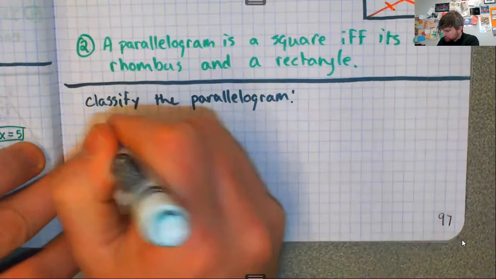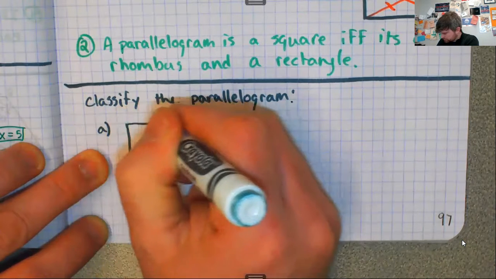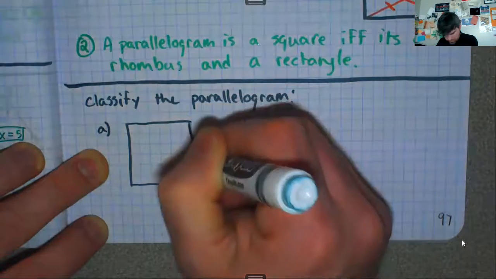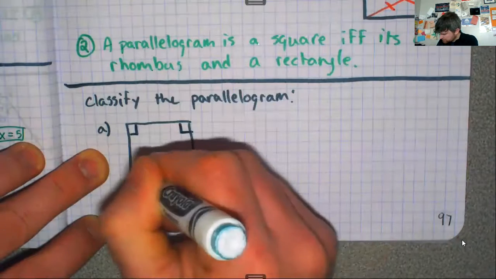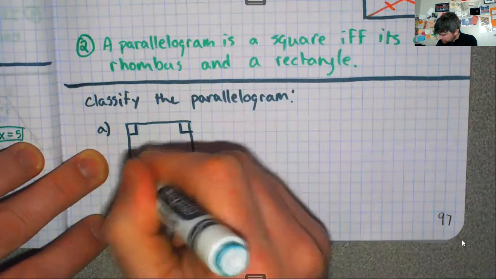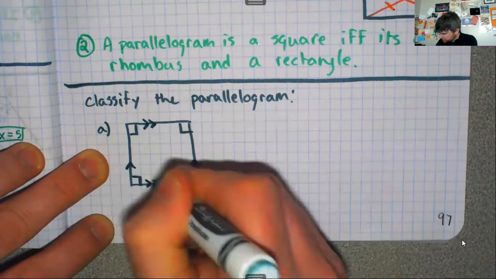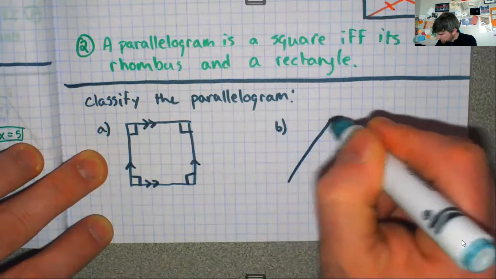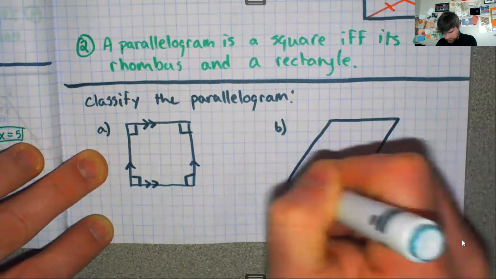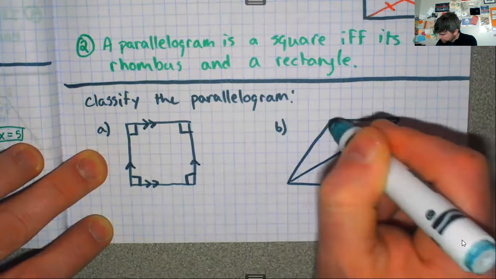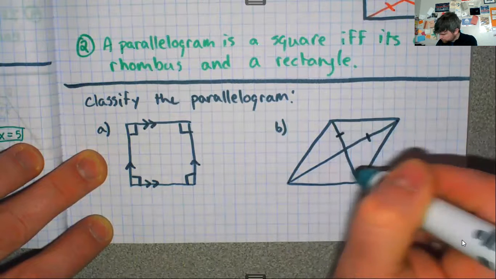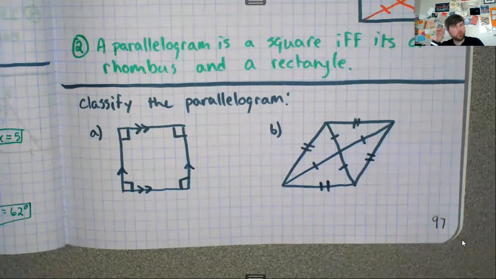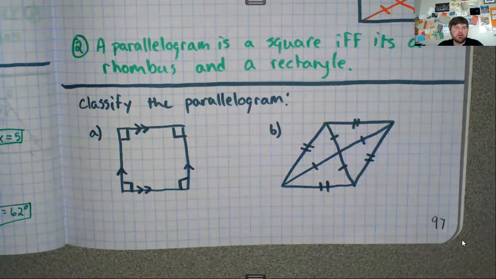Okay, so we got A, and then here is B. Okay, now with these types of problems, we've talked about this before, you can't go off of looks.